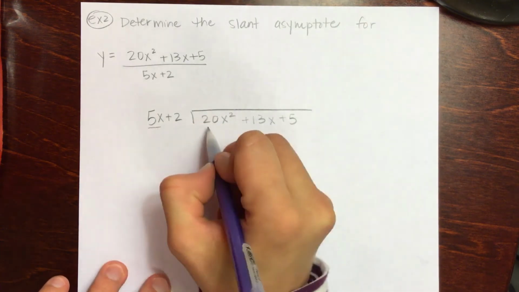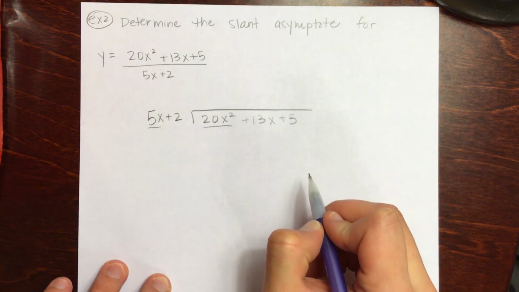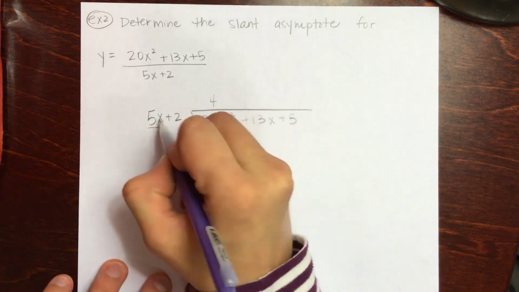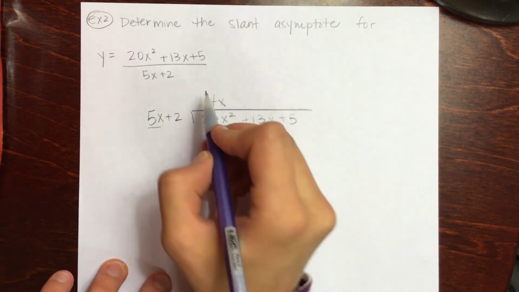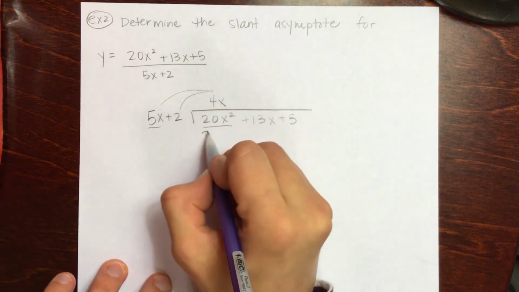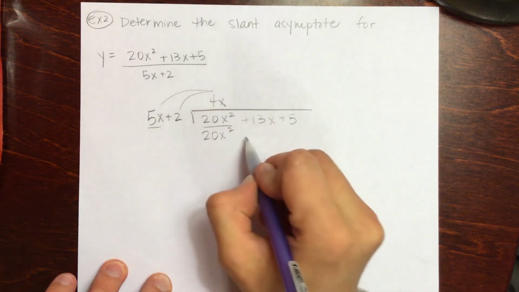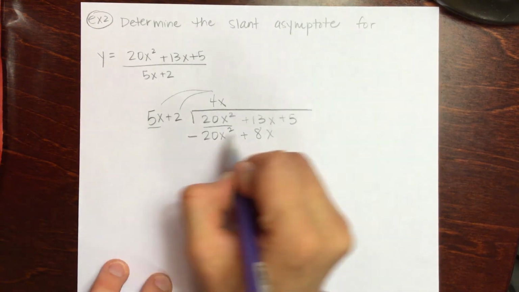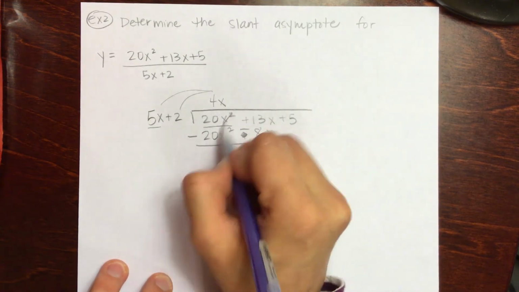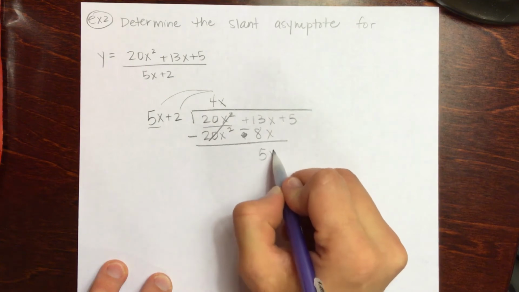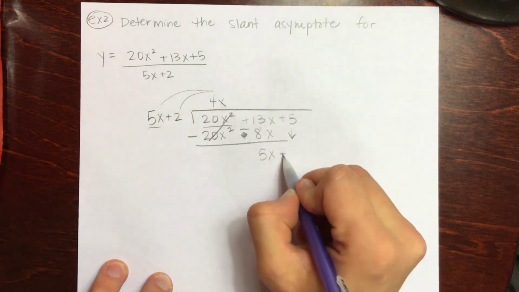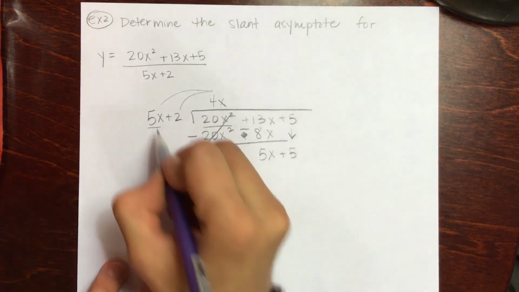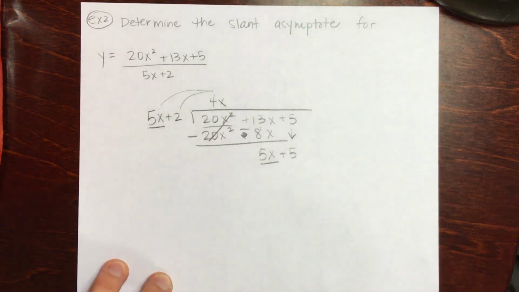All right, 5x times what is going to give me 20x squared? Well, 5 times 4 is 20, and x times x is x squared. All right, distribute your 4x. And now subtract, which is the same thing as changing your signs and adding. Bring down your unused terms and repeat. So now 5x times what gives me 5x?